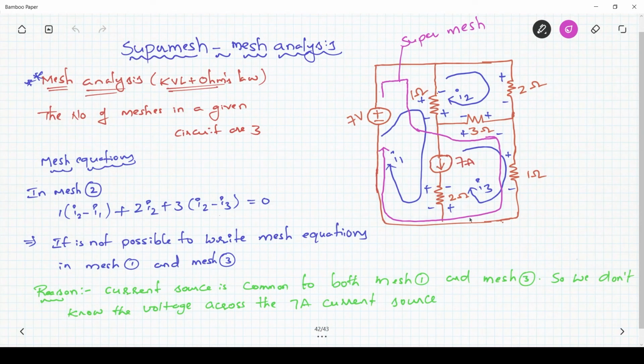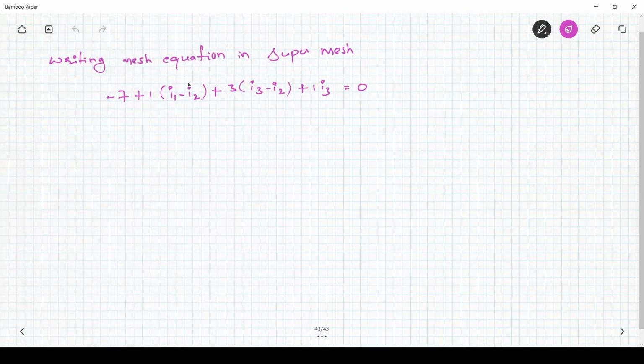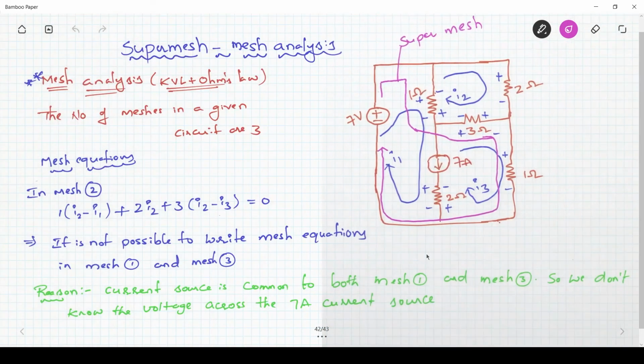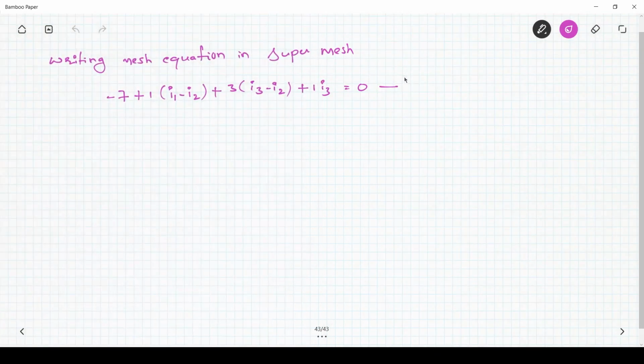There are no other elements in this super mesh path. So this is the mesh equation in the super mesh. Let me indicate the equations here. This is equation 1 and this is equation 2.